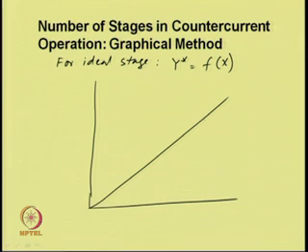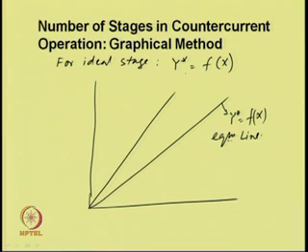Suppose y star is equal to a function of x, this is the equilibrium line, and the operating line for mass transfer from gas to the liquid.